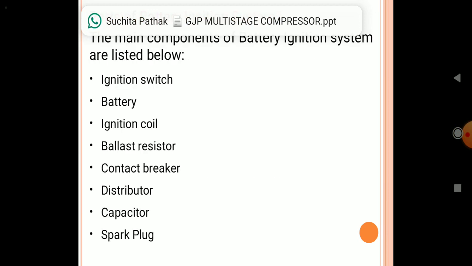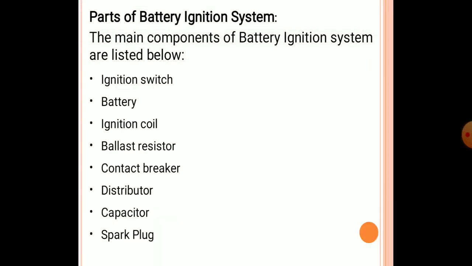Now, the main components of the battery ignition system are the ignition switch, battery, ignition coil and resistors, contact breaker, distributor, capacitor, and at the end the spark plug.